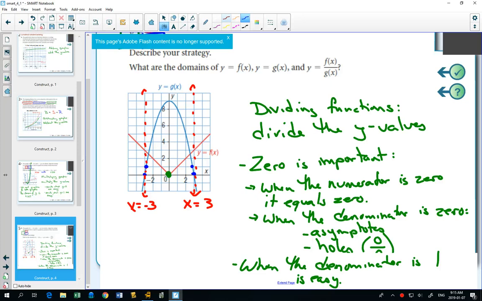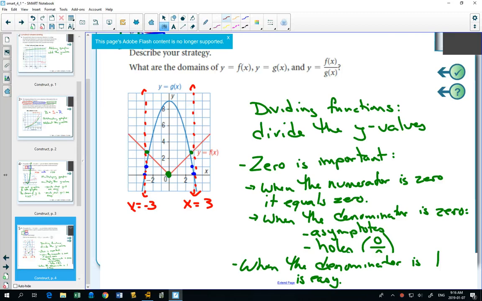What happens when you divide by 1? Nothing. So my green graph at those points is going to be exactly the same, because if I do red divided by blue, it's going to stay the same. So when the denominator is 1, it's going to be easy. Okay?